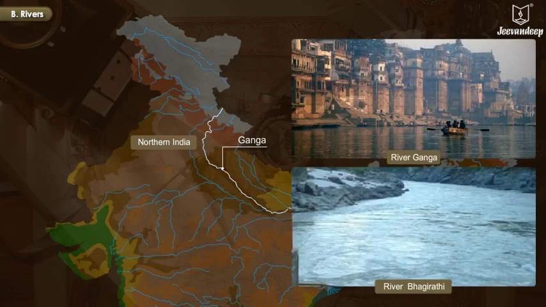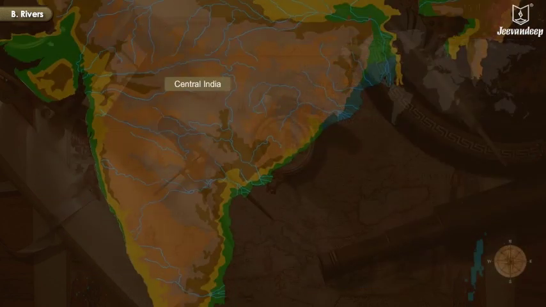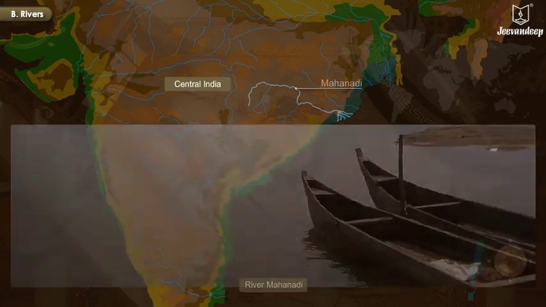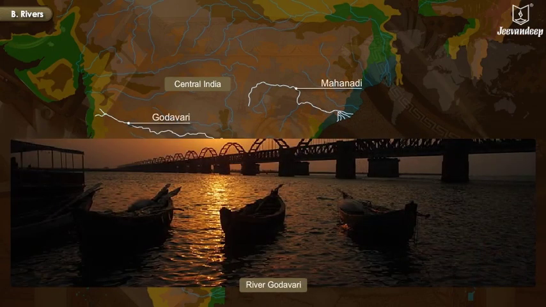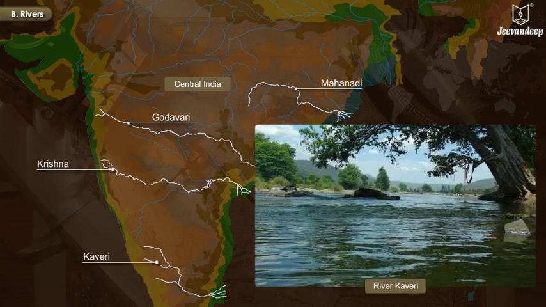Ganga and its tributaries flow eastward. Central India. Rivers Mahanadi, Godavari, Krishna, Kaveri, and many other small rivers originating in the plateau region flow in the west to east direction.